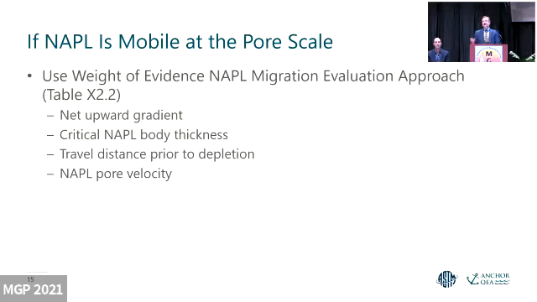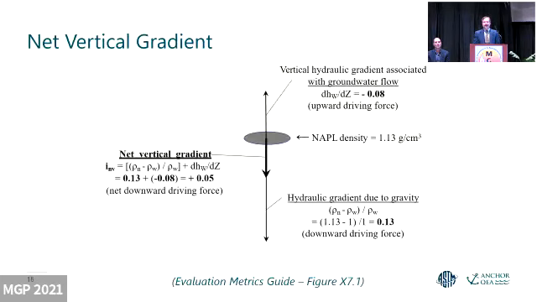So if NAPL is mobile at the pore scale under field conditions, then the next question is, is the NAPL body stable or migrating? And there is a weight of evidence approach that uses multiple criteria that are listed here to make that judgment. The first of these is net upward gradient, and the simple diagram illustrates the principle.